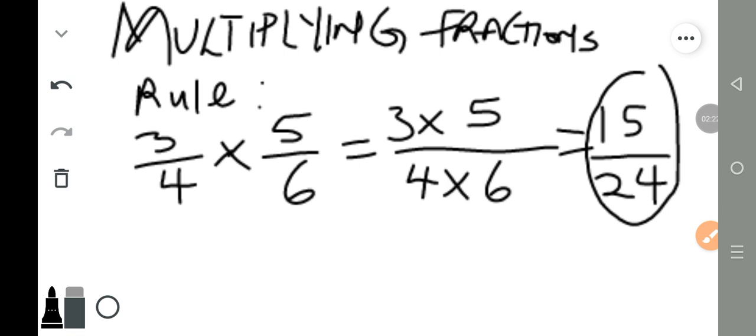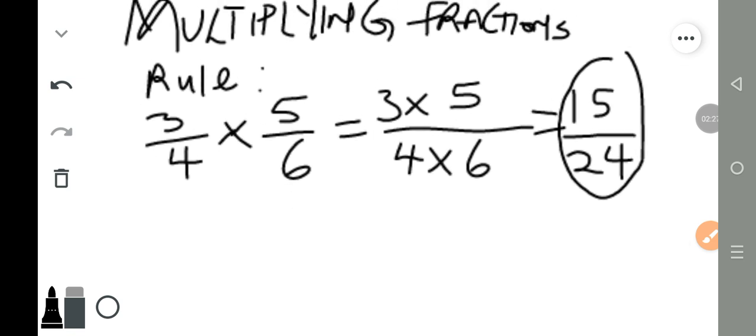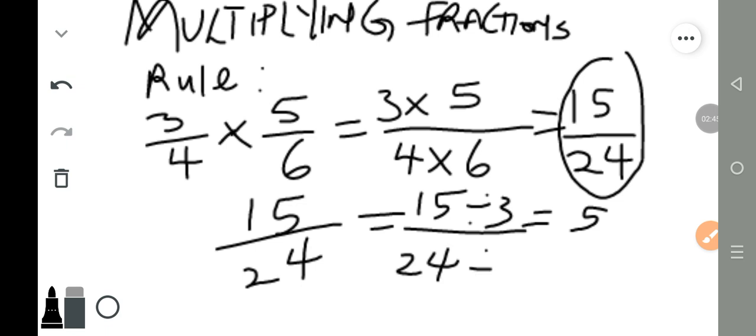And over here, you can also further simplify it. You have done simplification. And so your final answer will be: the HCF of 15 and 24 is 3. So that will be 15 divided by 3, which is 5, all over 24 divided by 3. 24 divided by 3 is what? 8. So your answer is 5 all over 8.